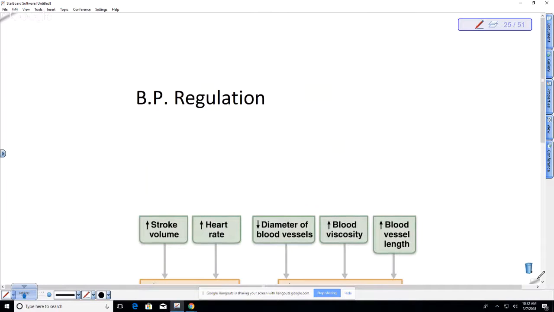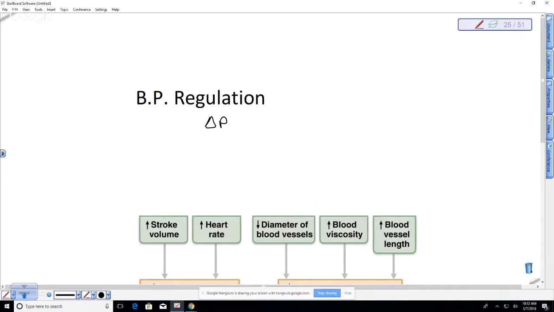So the next thing that we're going to talk about is the regulation of blood pressure. BP is just blood pressure. When we're talking about regulation of blood pressure, we can go back to the difference in pressure, that's my delta P. Delta just means difference.